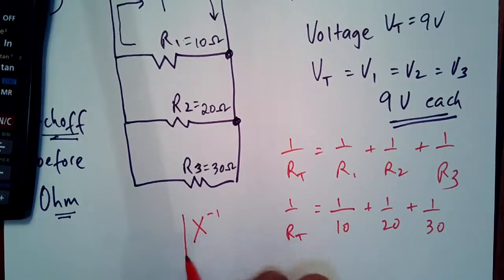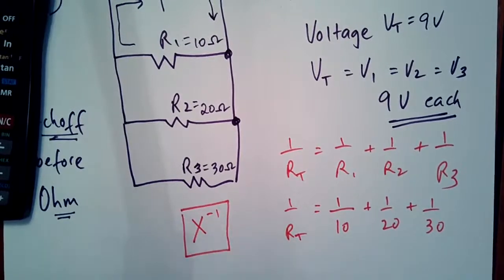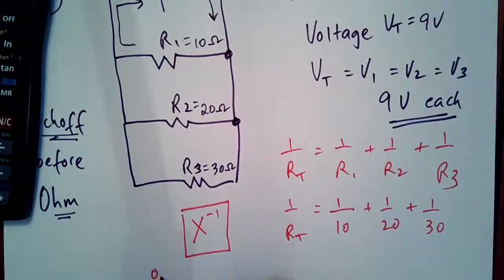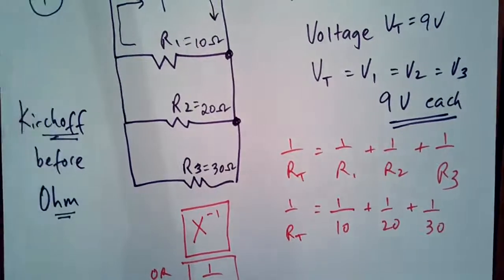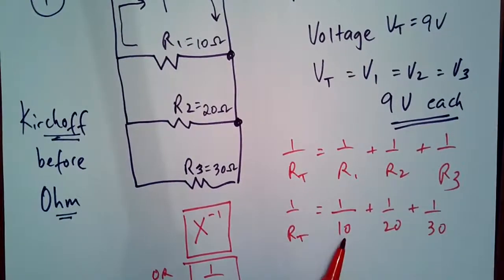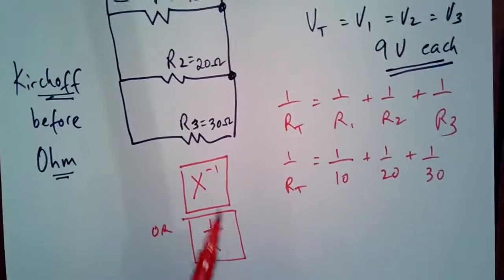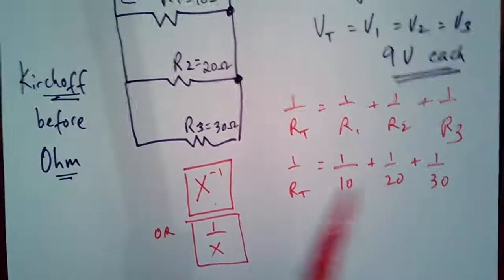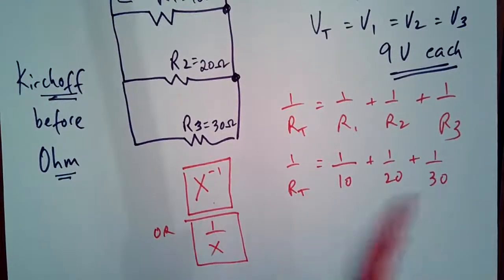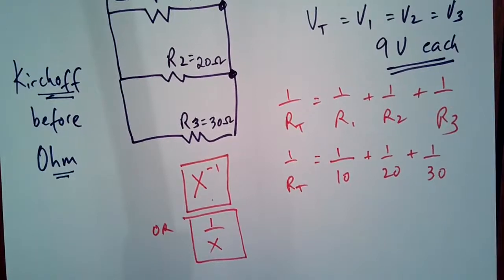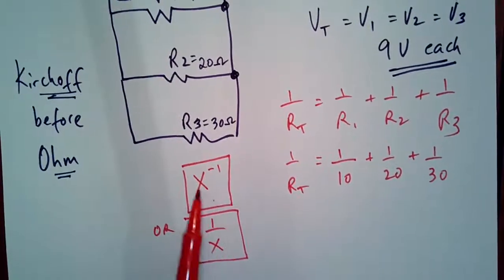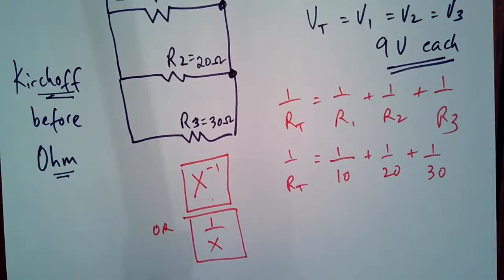So look for this button in your calculator, that's x to the -1, or you have 1 over x, and you use that. So all you need to do is type in the number 10, press one of these buttons, plus 20, press one of these buttons, plus 30, then one of these buttons, press the equal sign, and then again, one more time, one of these buttons. Okay?